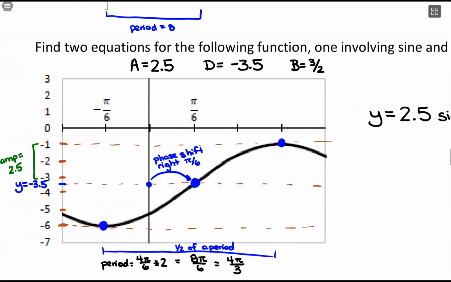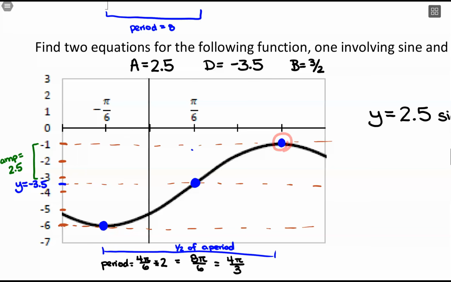Alright, for cosine, I'm going to erase that so I can see cosine easily. Right at that point. Now cosine, there's two ways we can go about this. We could start at negative cosine. So we could use negative cosine and think of this shift to the left of pi over 6.